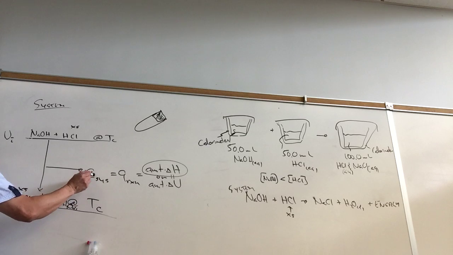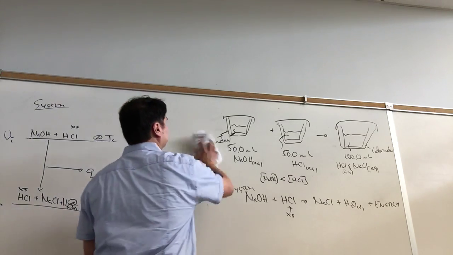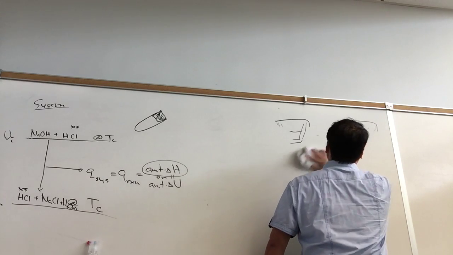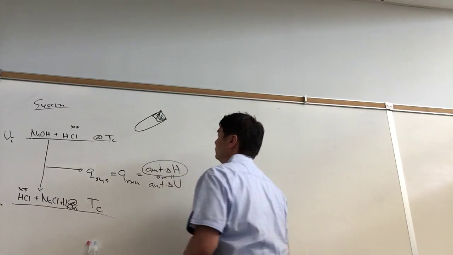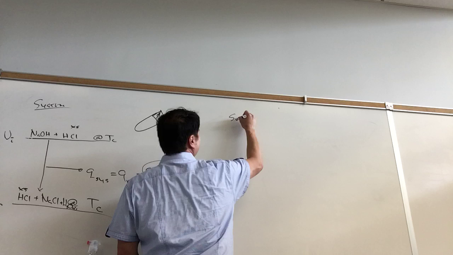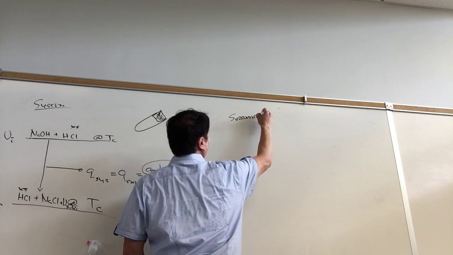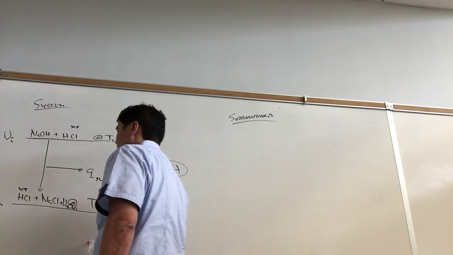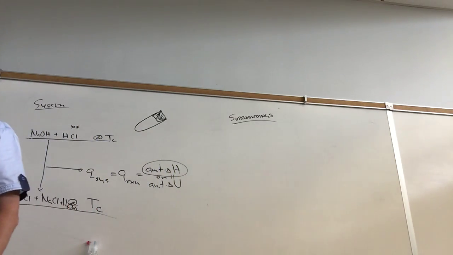Okay, where does all this heat go from the reaction? Well, the heat's going to go into the surroundings. And so how do we define what the surroundings are? So let's take a look at the surroundings here. Well, the surroundings are going to consist of the coffee cup calorimeter, but something else.